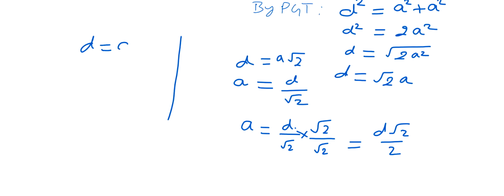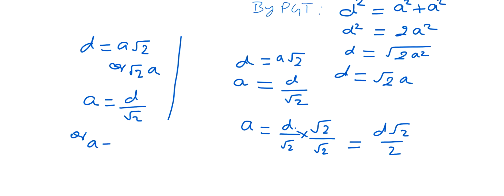A root 2, or root 2 into A. And A equals D by root 2, or A equals D into root 2 by 2, or we can write root 2 into D by 2. So this is the summary about the diagonal.